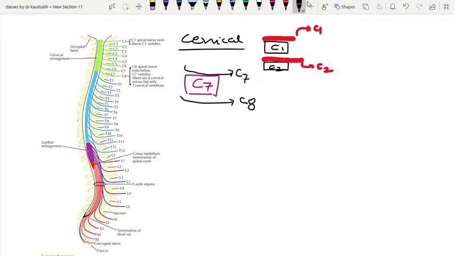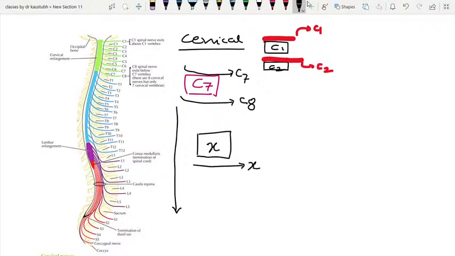Because of this, henceforth after C7, for any vertebra, say number X, the spinal nerve of that vertebral level, spinal nerve X, will be leaving below.